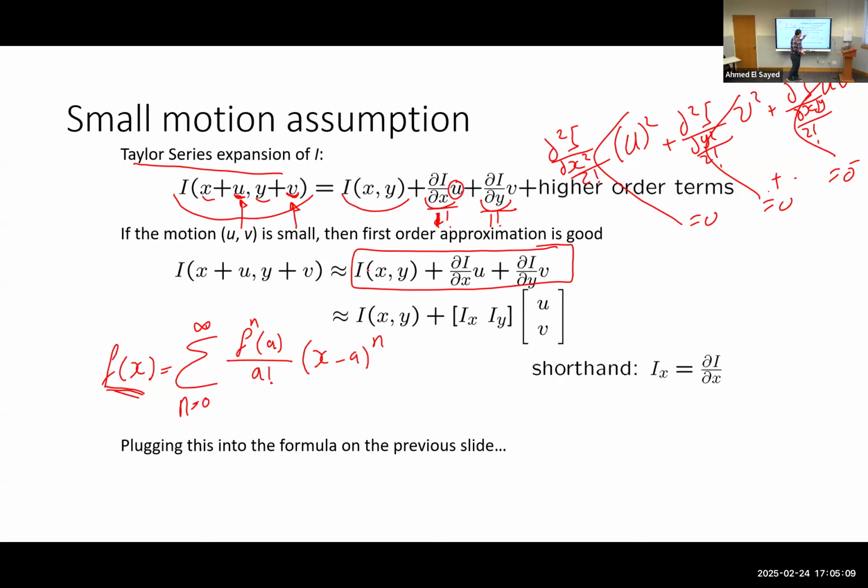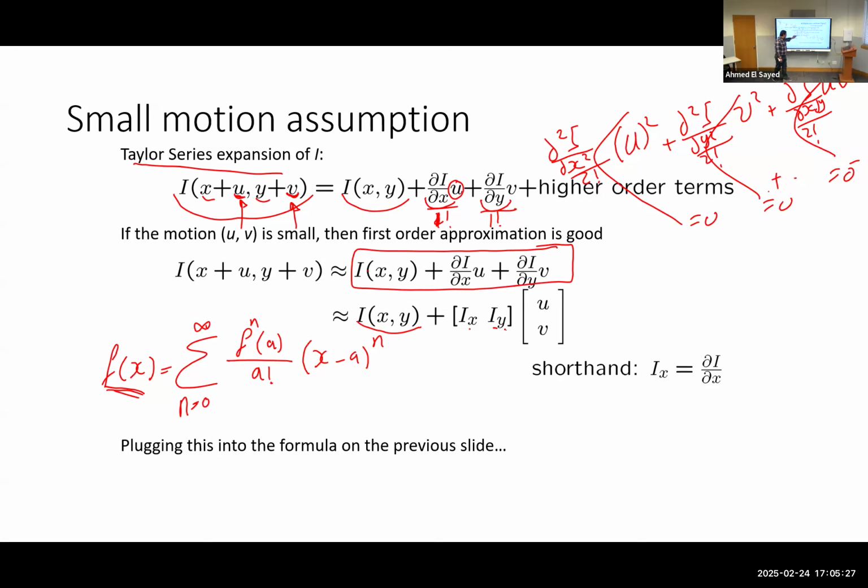In this case, this will have nothing to do with it, and this one will be converted to first derivative of I with respect to x and first derivative of I with respect to y times u and v. So this becomes a vector form.